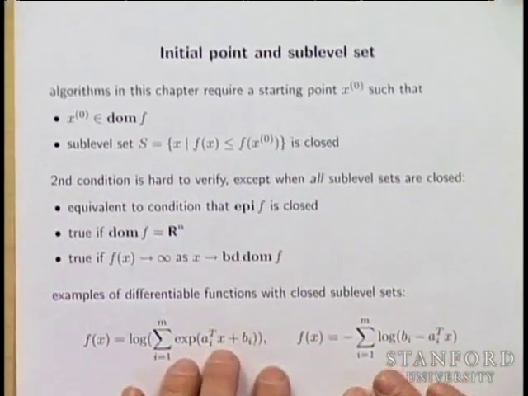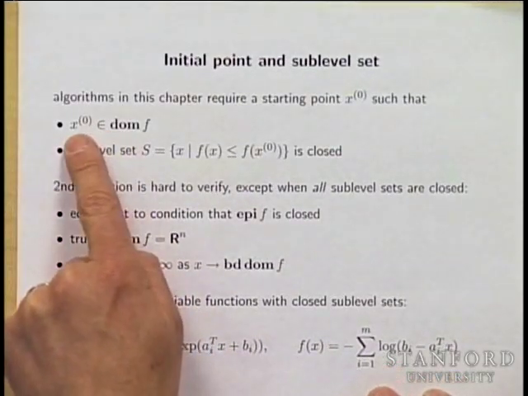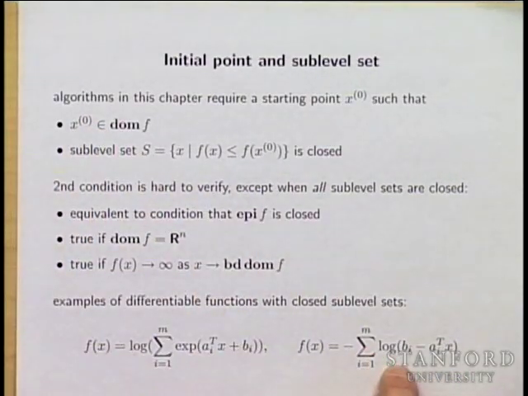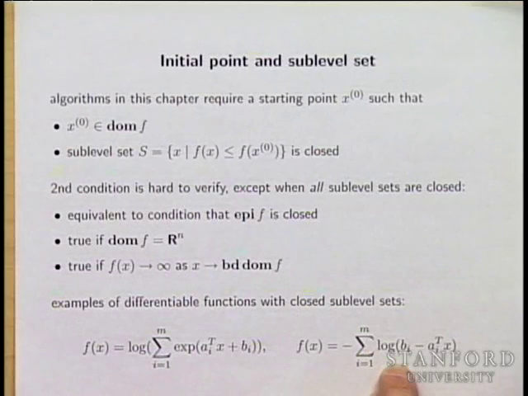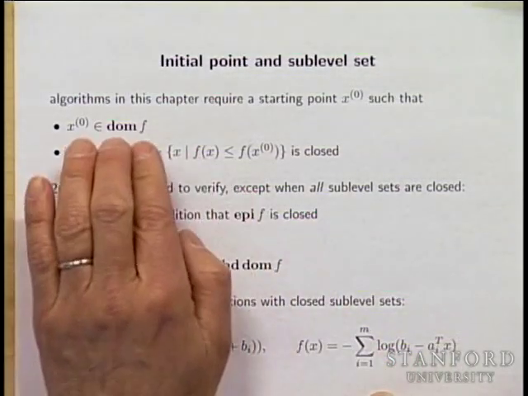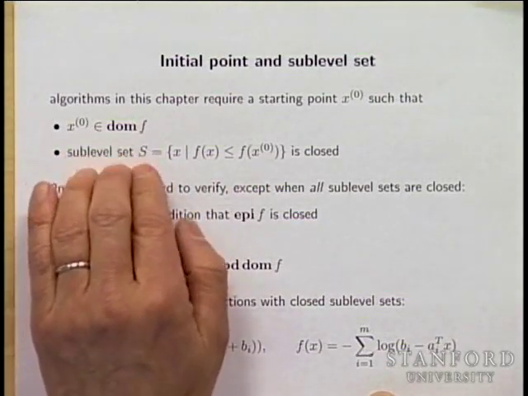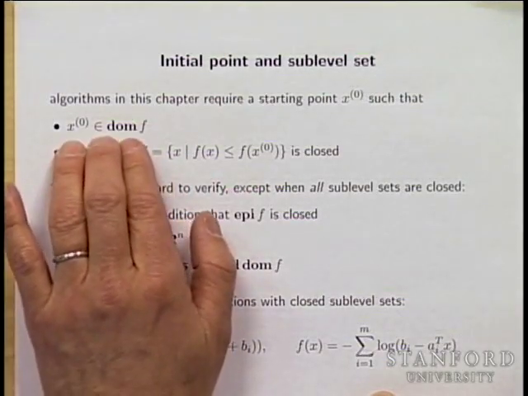By the way, the condition that we know an x0 in dom f is not trivial in this case, right? Because, in fact, to find such a point, you'd have to determine if a certain polyhedron has non-empty interior and produce a point in it. So some of these assumptions can have real implications.